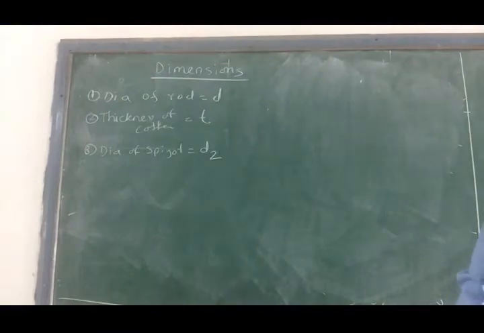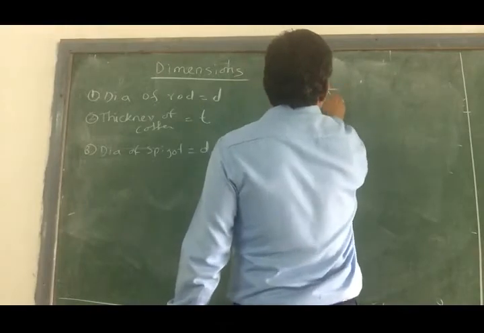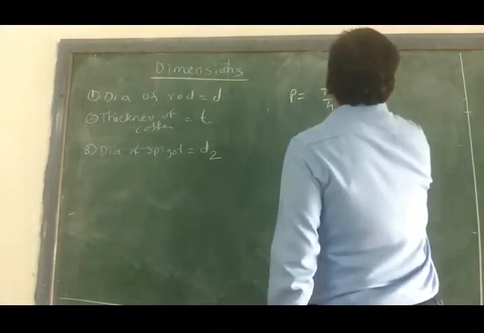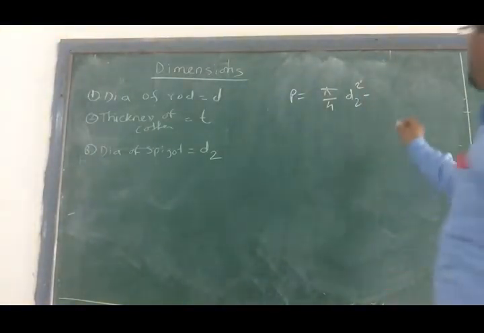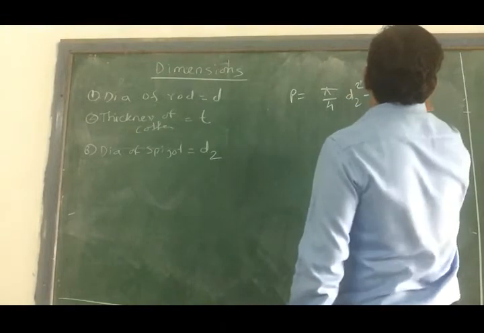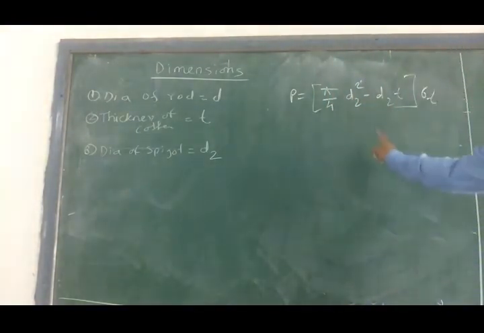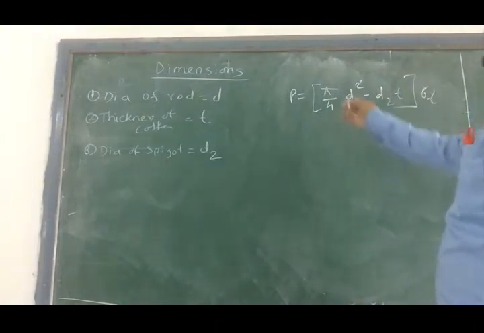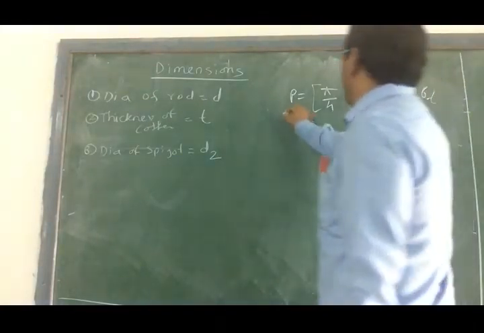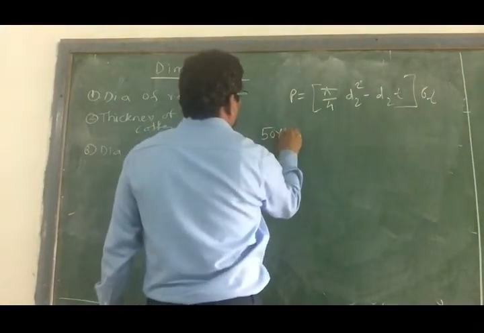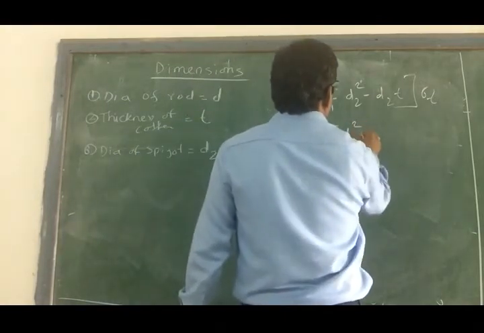P is equal to pi by 4 D2 square minus D2 T. This is the formula for the design of D2, the diameter of the spigot. Now we know P, which is 50 into 10 raised to 3 Newton per mm square, pi by 4 D2 square minus D2 T.